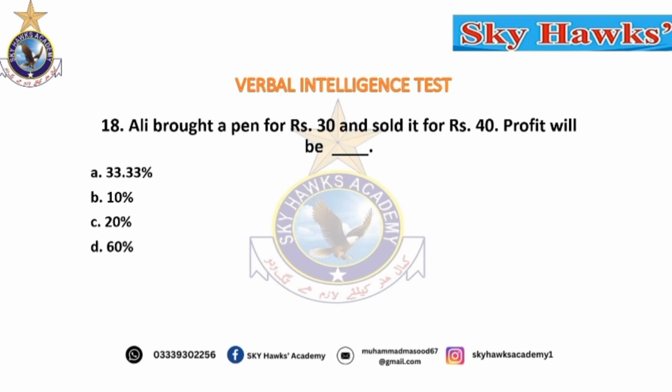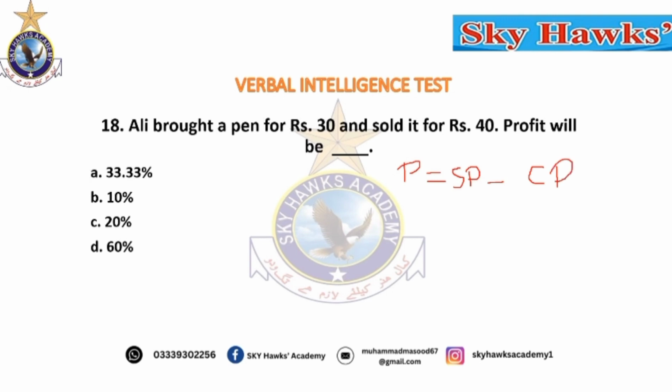Now for example, let's do it. We have a profit, I am writing P for profit, and it is selling price minus cost price, which is what it cost us to buy.